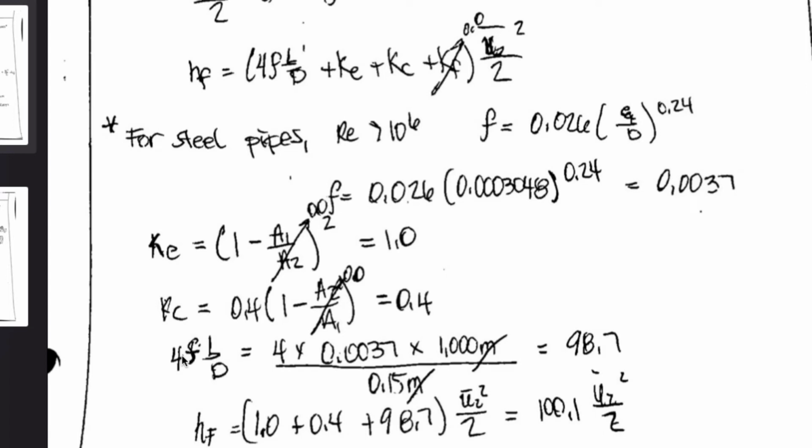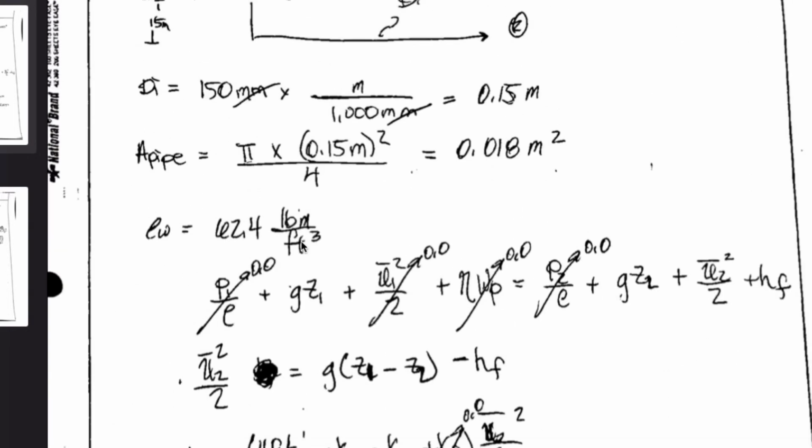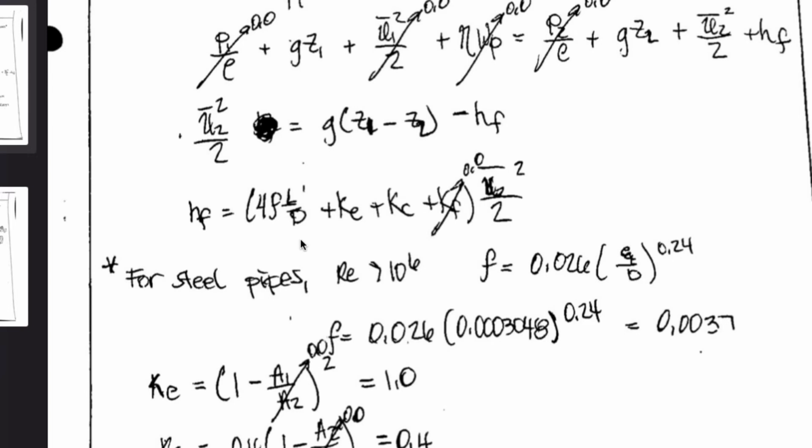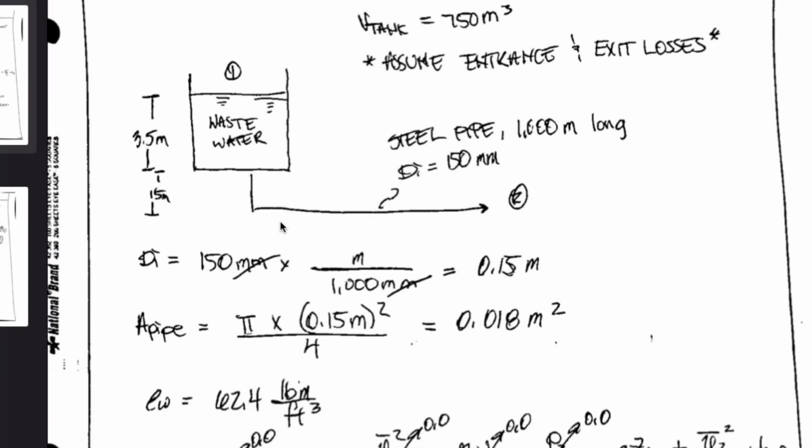Now the coefficient of expansion: I did A1, A2 over A2, where A1 is the upstream area and A2 is the downstream area. So this tank right here. Give me one moment.